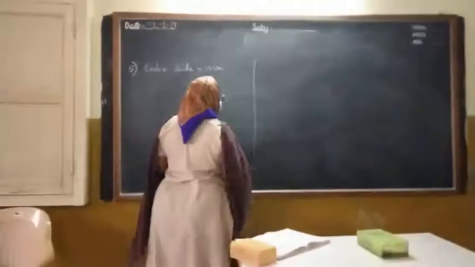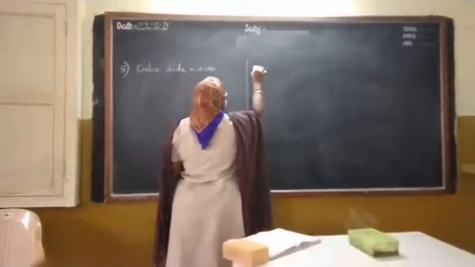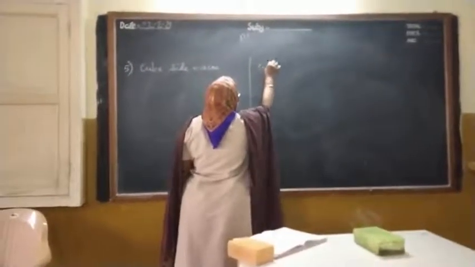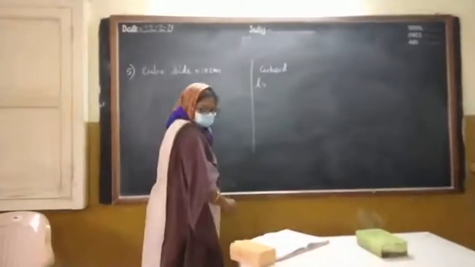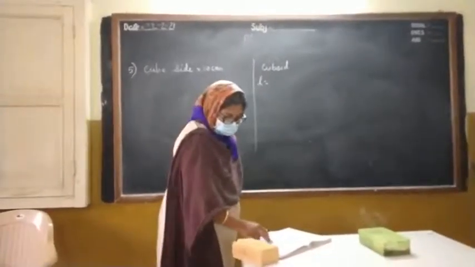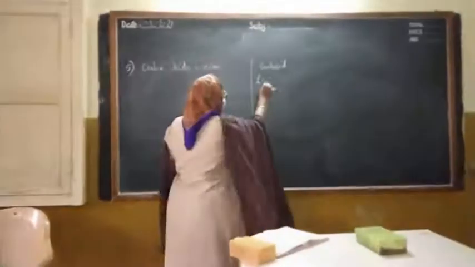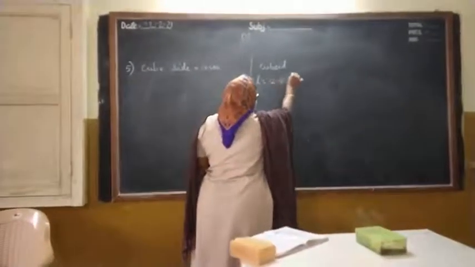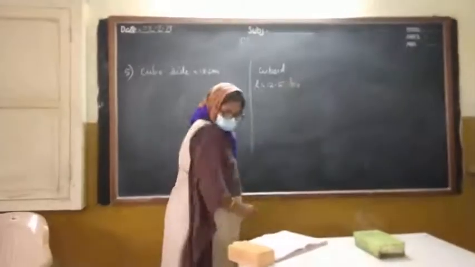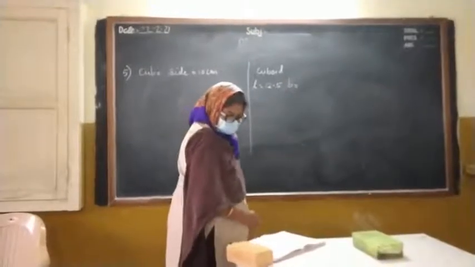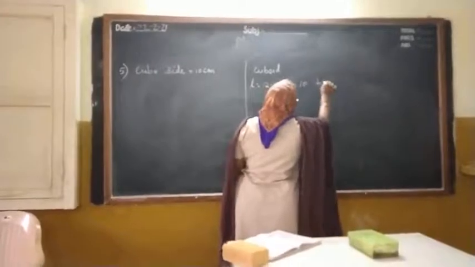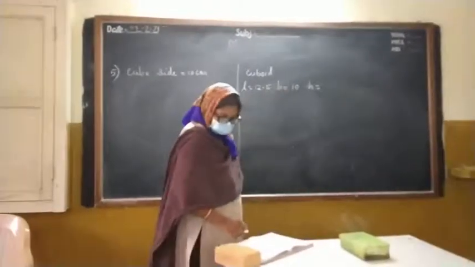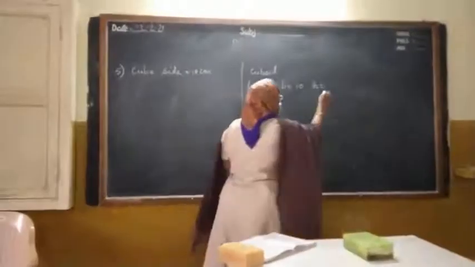Then the second one is a cuboid: length is equal to 12.5, breadth is equal to 10, and height is equal to 8 centimeter.